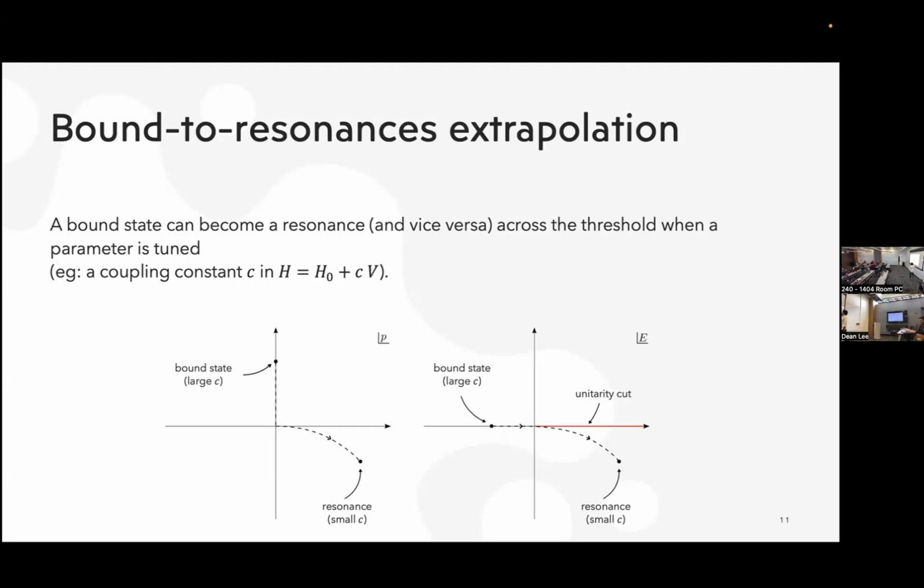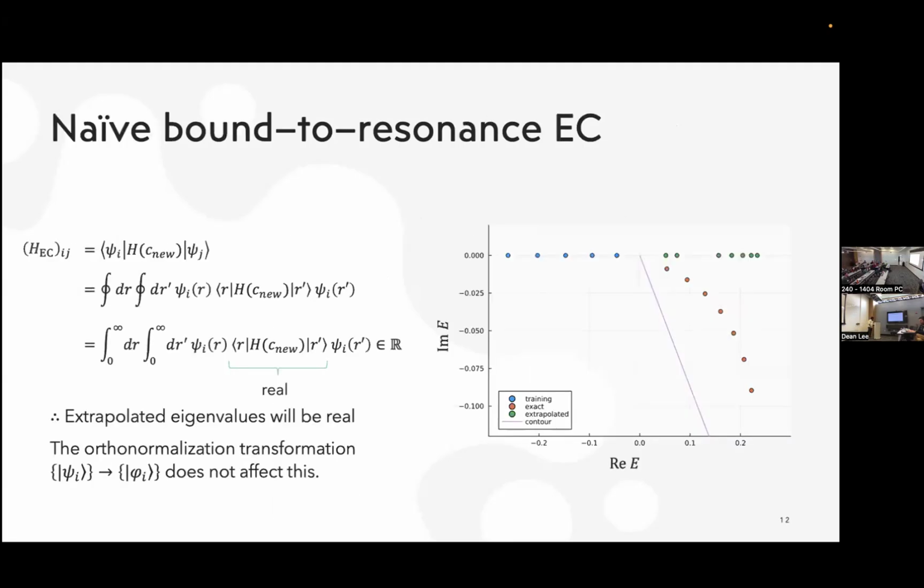So what if we turn these resonances into bound states, train on those bound states, and eventually extrapolate the resonances? Unfortunately, if you just apply EC, if you train on the bound states and try to extrapolate to these resonances, it completely fails. You can actually mathematically show that it fails because all the matrix elements are real. You cannot expect to get any complex values.